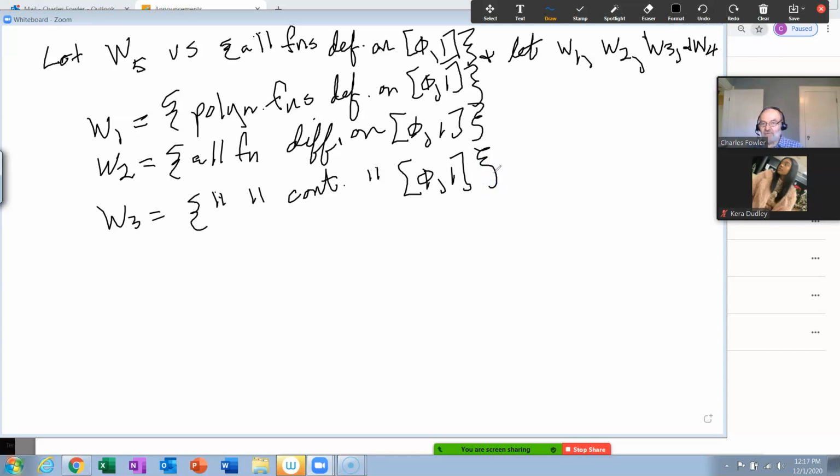Now certainly functions that are continuous could have points, cusps, and things like this that wouldn't be differentiable. But they're still functions defined on 0 to 1, so W3 is a subset of W5, but W2 is a subset of W3, because all differentiable functions have to be continuous, but not all continuous functions have to be differentiable.